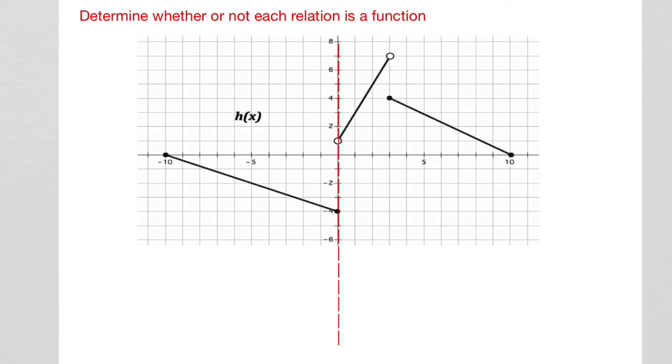However, one is a closed circle, so in reality it's only hitting once, so I get to keep on moving. And then here the same thing, we have an open circle, so our vertical line is technically only touching at one point, and this passes. So yes, this is a function.